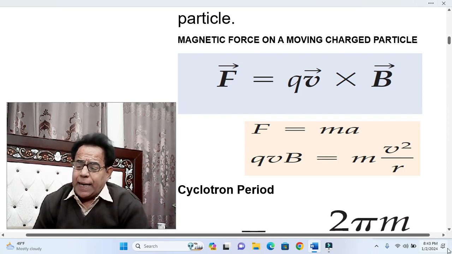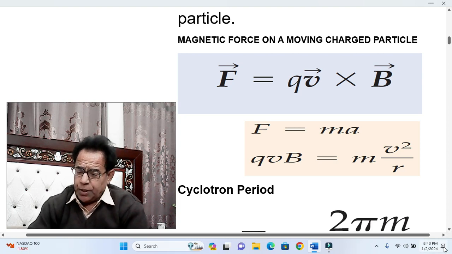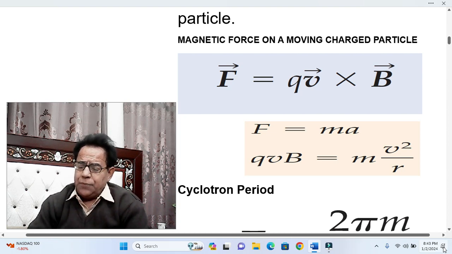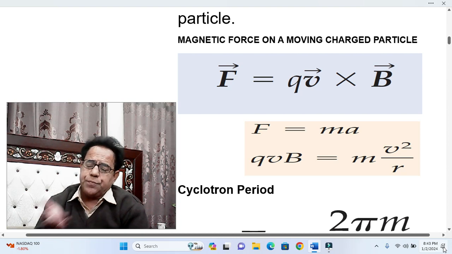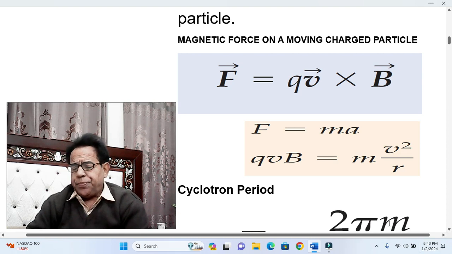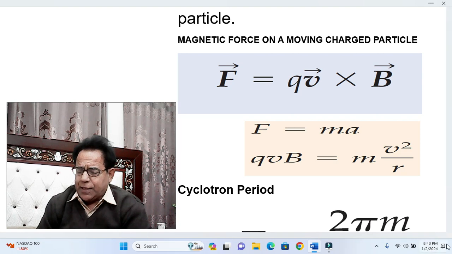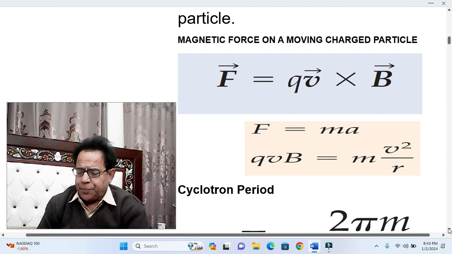We know that centripetal acceleration is given as a equal to v squared over r. So in this way, F equal to ma will take the form qvB equal to mv squared over r, where v squared over r is centripetal acceleration.